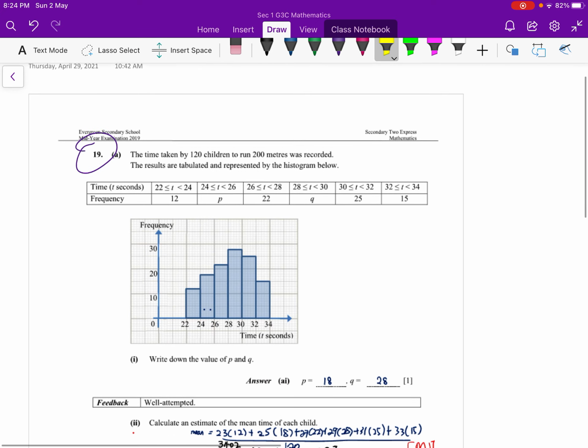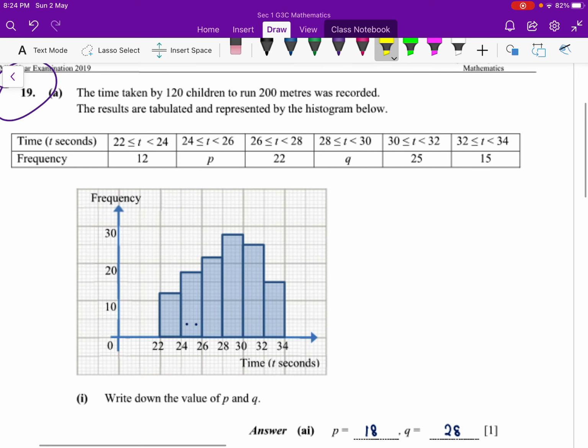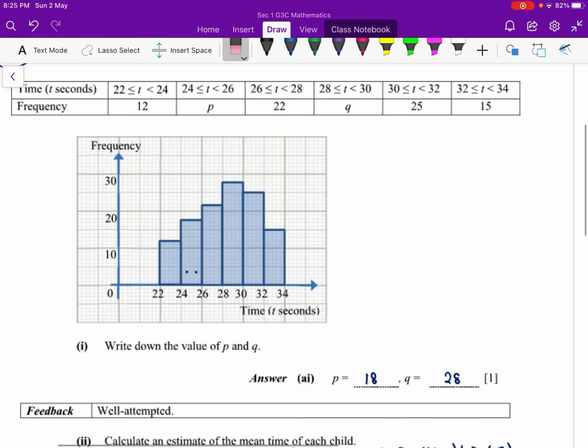Okay, now our statistics. So there are 120 children and they all ran 200 meters each. Then the time taken is recorded. So here we have grouped data. Data all grouped, all within a range, or different ranges. Then with the frequencies, data shown in the table.